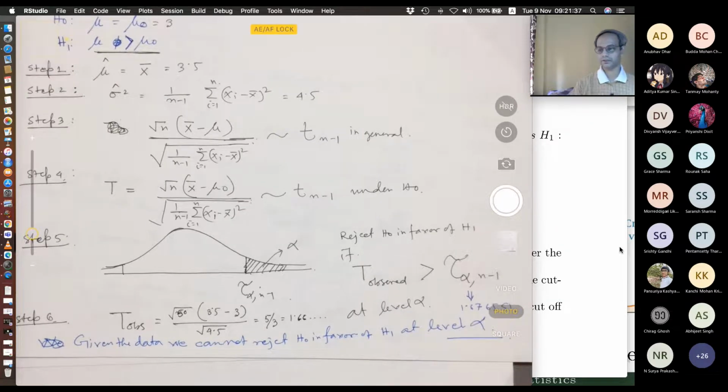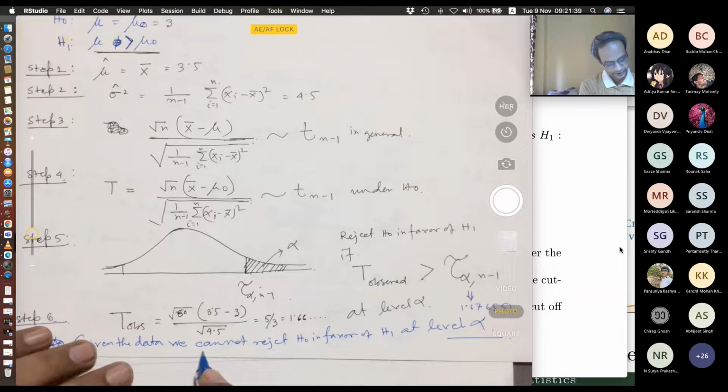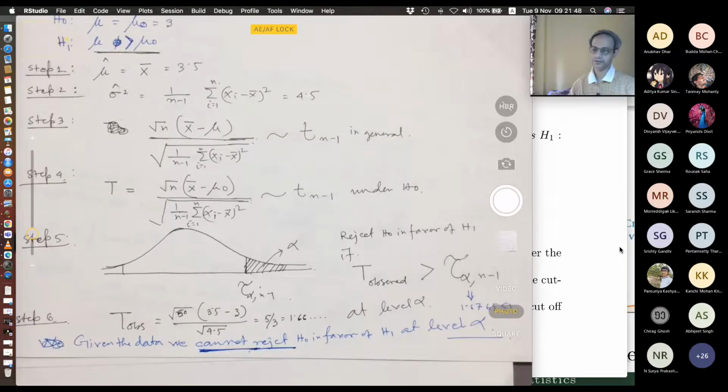This is the conclusion. Usually we don't write that we accept. This is the formal statement: given that we cannot reject the null hypothesis in favor of the alternative. We usually don't write that we accept the null hypothesis.